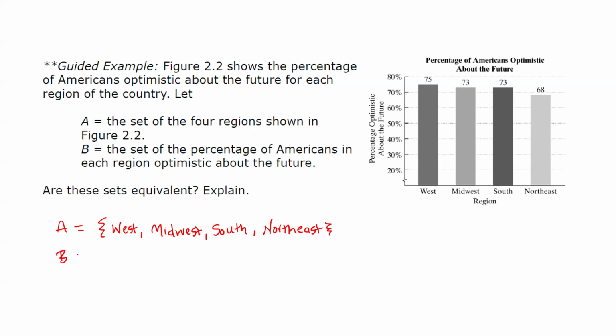For B, the set of the percentage of Americans in each region optimistic about the future, this would be 75, 73. We don't need to write another 73 because we want distinct elements, since we'll use the cardinal number to determine whether they are equivalent. And then 68. So the cardinal number of set A is 4, and the cardinal number of set B is 3.